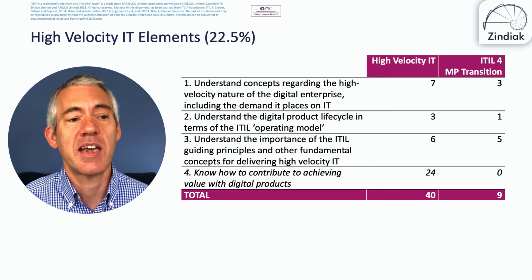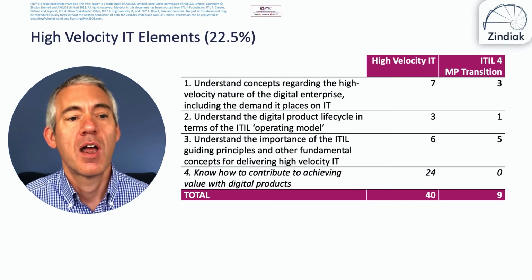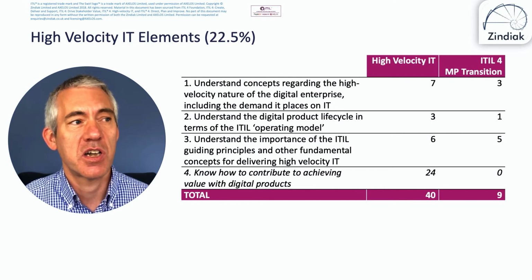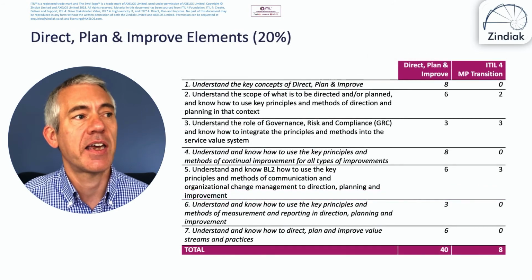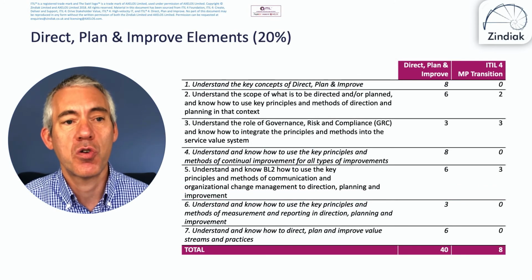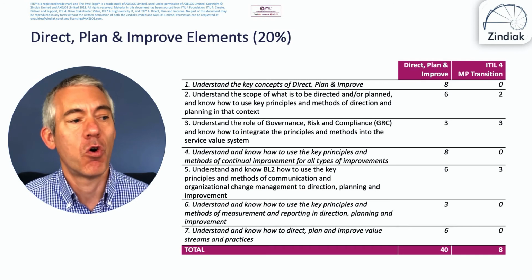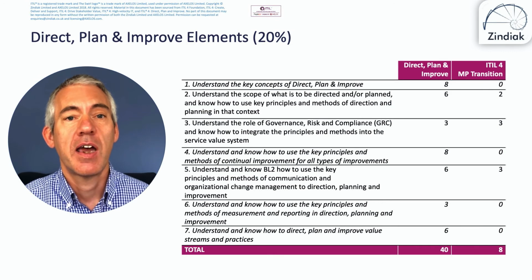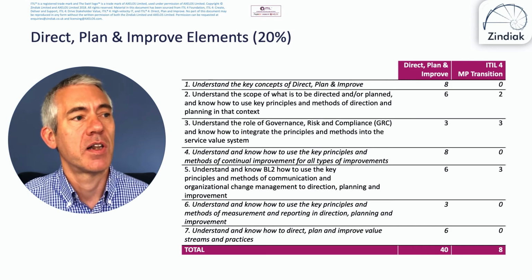High velocity IT, we cover the first 3 elements, we don't cover 4, and it's 9 out of 40 marks on the transition exam, so again 22.5%. And finally, direct, plan and improve, we don't cover syllabus elements 1, 4, 6 or 7. It's 8 out of 40 marks on the transition exam, or 20% of the Managing Professional Transition exam.